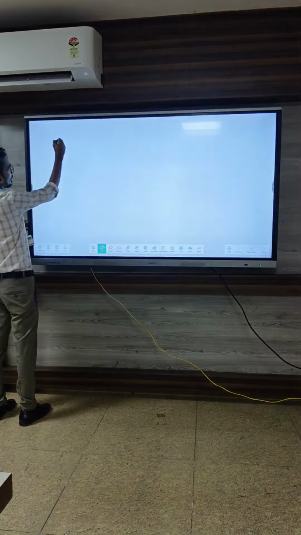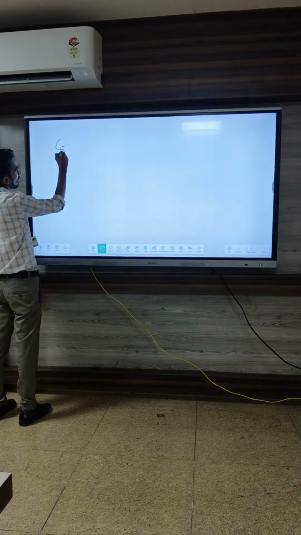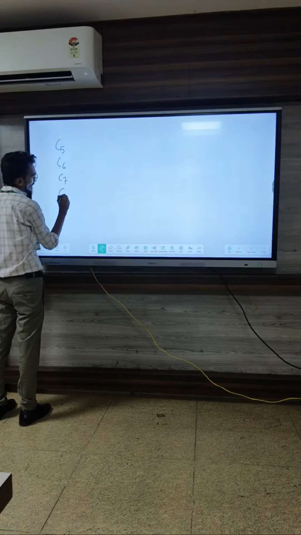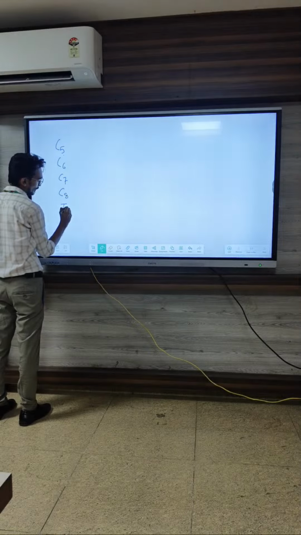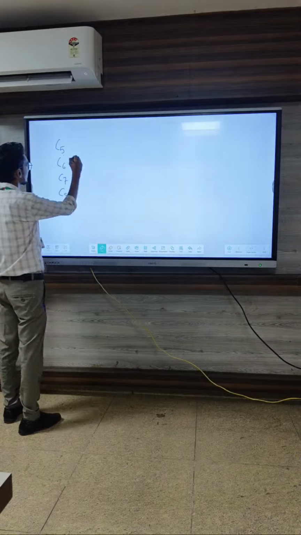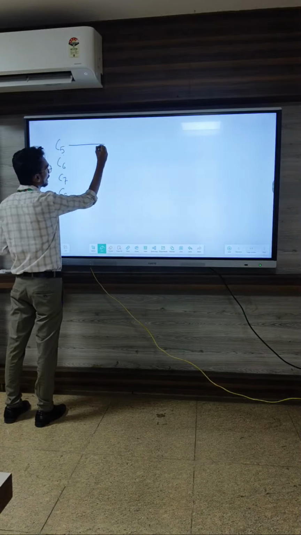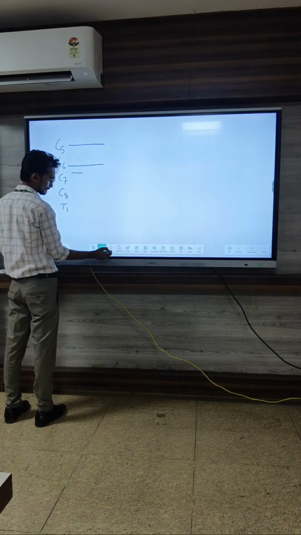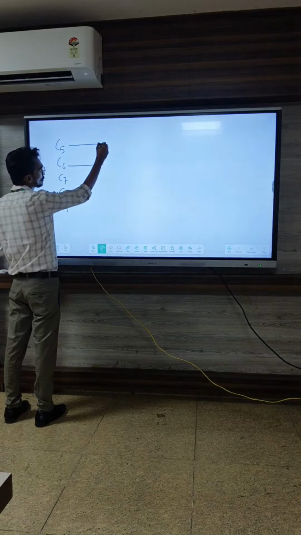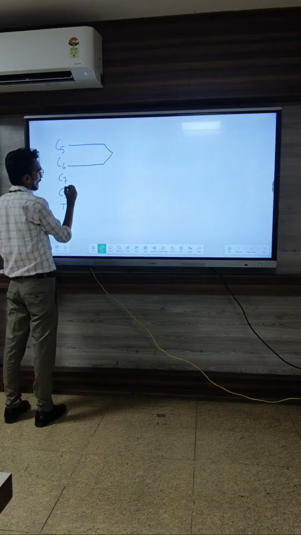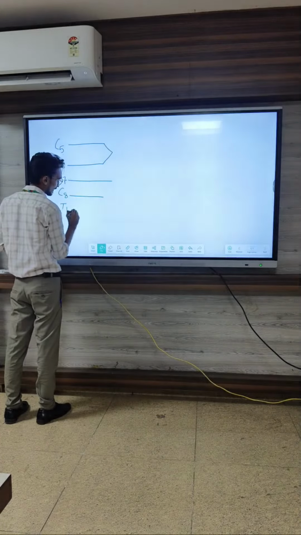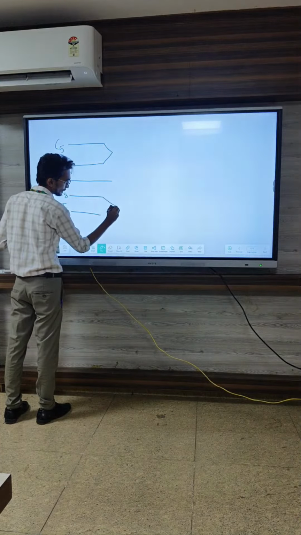So the roots are C5, C6, C7, C8, and T1. These are the roots of the brachial plexus. Here, C5 root and C6 root combine together, and C7 comes alone, whereas C8 and T1 combine together.